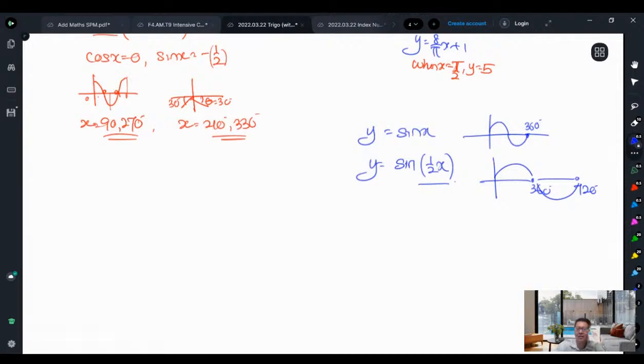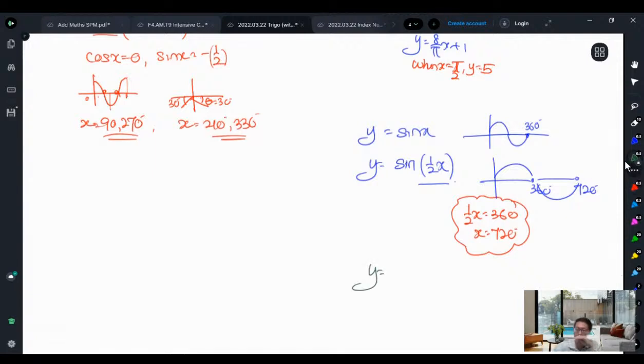Now, there is one shortcut, but I don't like to memorize this shortcut. So it will be half x equals to 360, and one cycle will be 720. This is the shortcut, which I don't like to memorize, but up to you. If you like it, then do it. For me, I don't like.